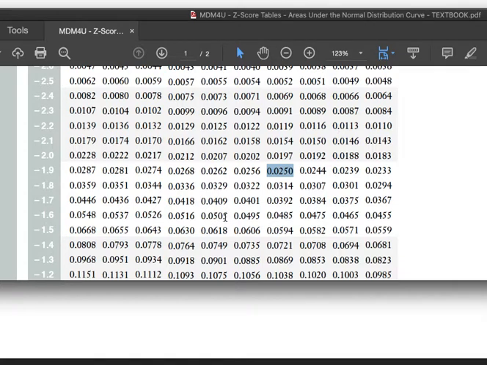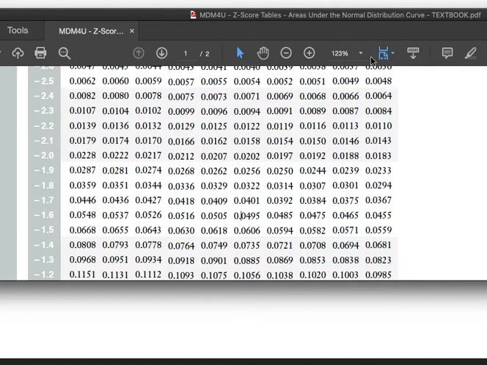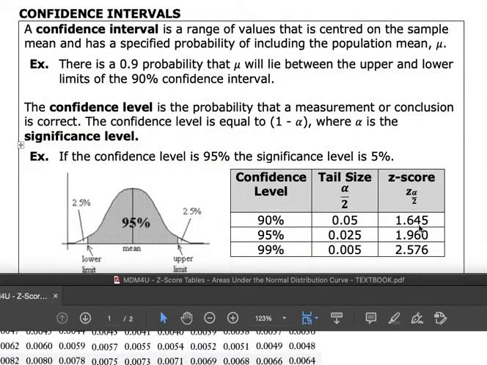So a good estimate is to take the midpoint between negative 1.64 and negative 1.65. Add them together, divide by 2. So that's the z-score value which will have this much area to the left-hand side, the alpha over 2 z-score value.